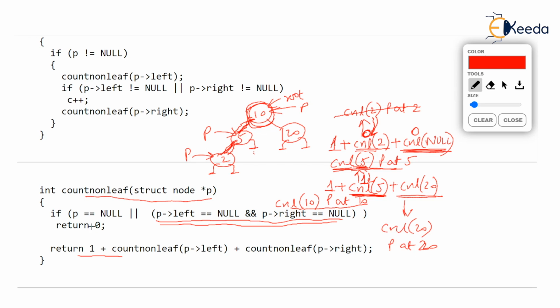And if count non-leaf 20 returns 0, it returns 0 at the call here. And now we are back at count non-leaf 10, which will return 1 plus 1 plus 0. So our main function, this count non-leaf 10, will return 2. Isn't it so? I hope you are understanding.